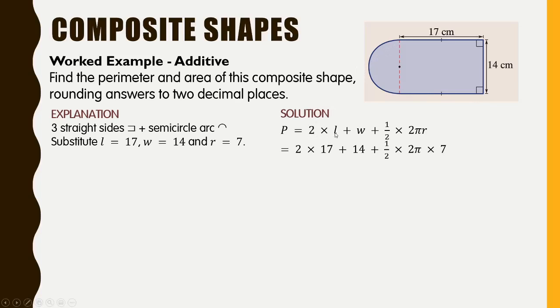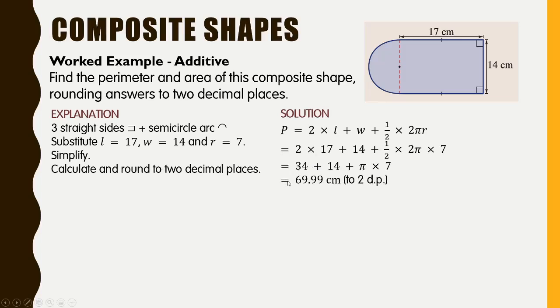So I'm going to go 2 times length, because we've got 1, 2 there, plus the width, which is here, plus half, because we've got half a circle, times 2 pi r, because we can work out the radius is 7. We put all those numbers in, we type it into our calculator, and we can solve it roughly to 69.99 centimeters. Because this is perimeter, we're just using our normal units, centimeters.